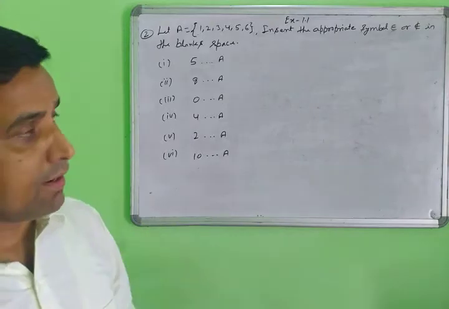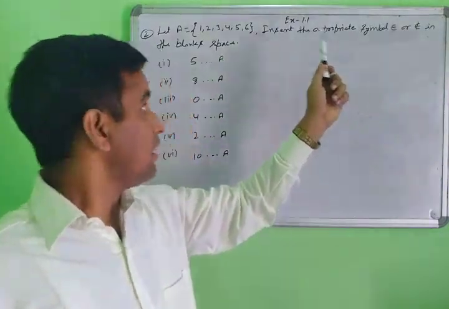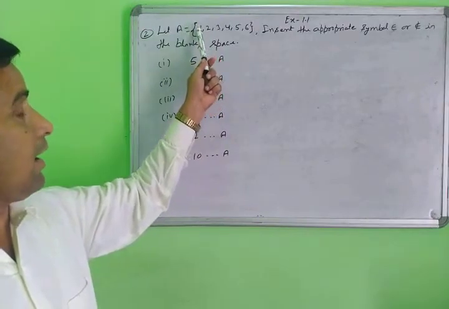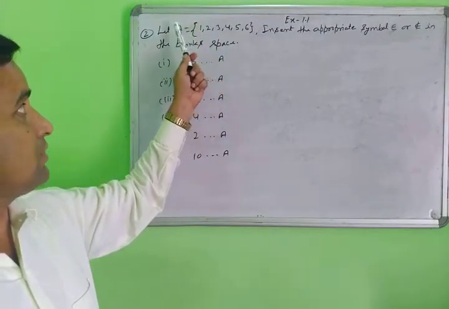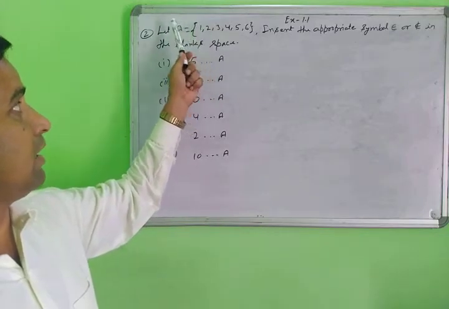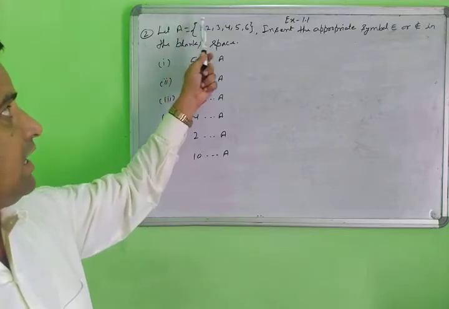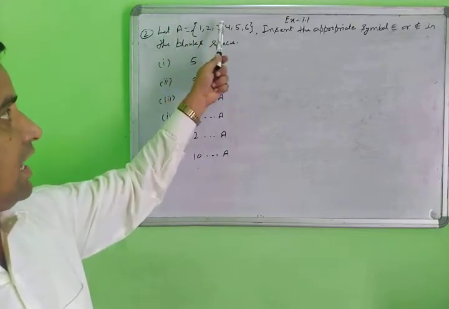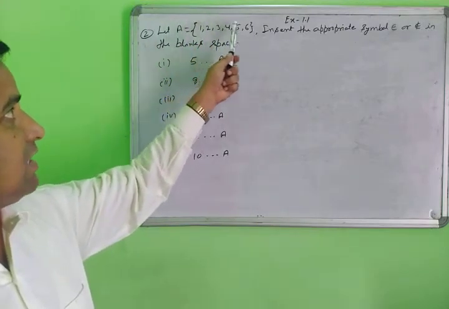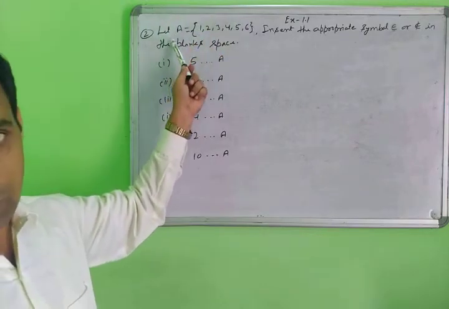First of all, belongs means a relation: element 1 belongs to set A, element 2 belongs to set A, element 3 belongs to set A, element 4 belongs to set A, element 5 belongs to set A, and element 6 belongs to set A.